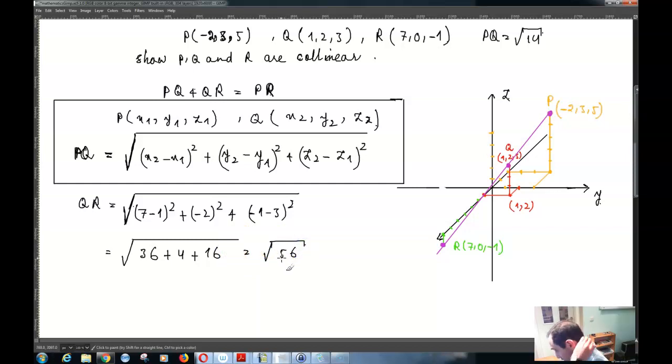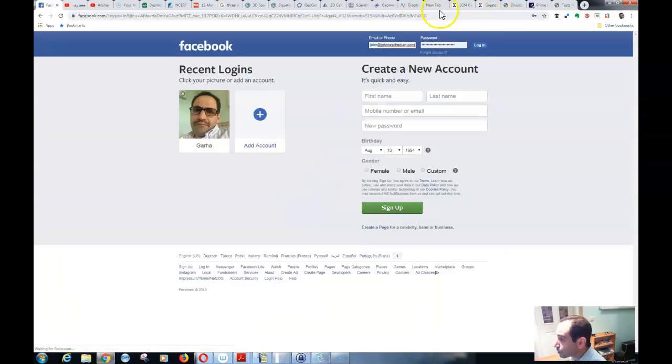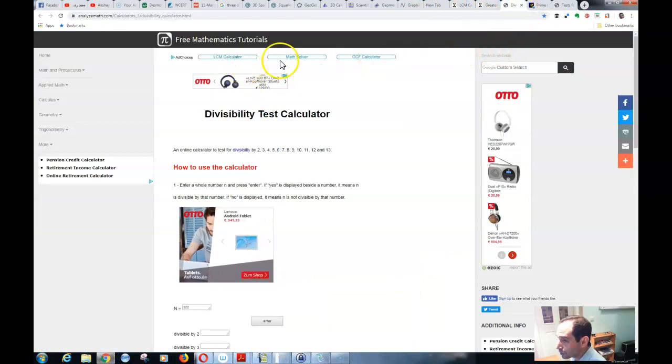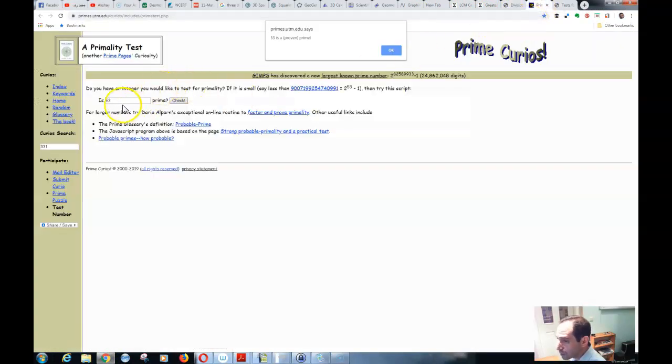And 56 is one of those weird numbers that I never have learned. It's not easy to learn. There are a few numbers, for example 53 or 56. Oh, of course, that's 2 times 28.